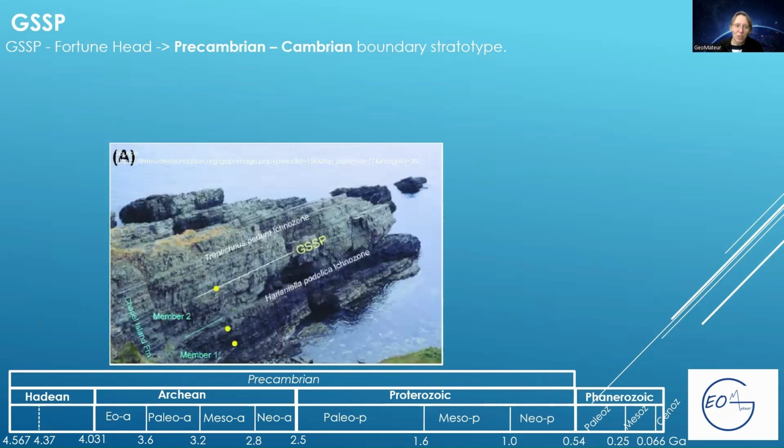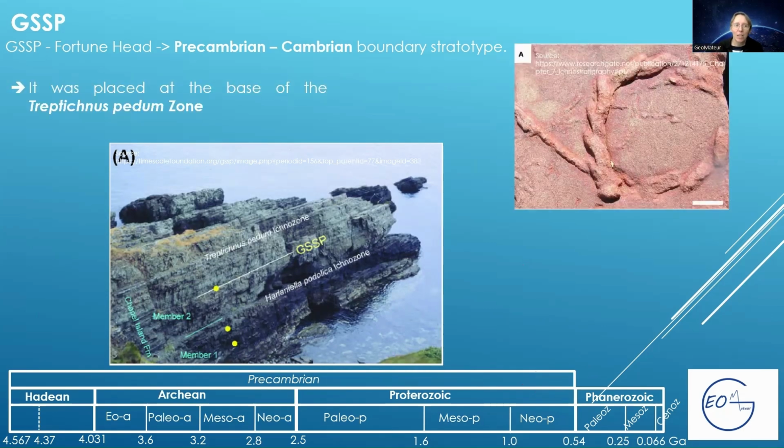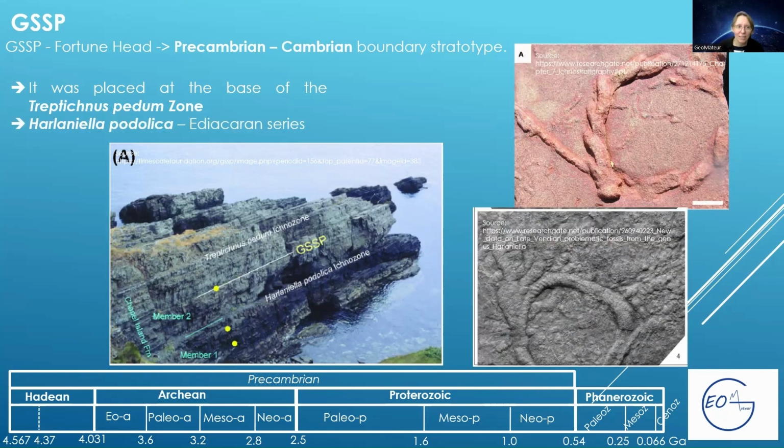This is the picture of the GSSP in the field, and it was placed at the base of the Treptichnus pedum zone and Harlaniella podolica. So Harlaniella podolica comes from Ediacaran series, Treptichnus pedum from Cambrian.